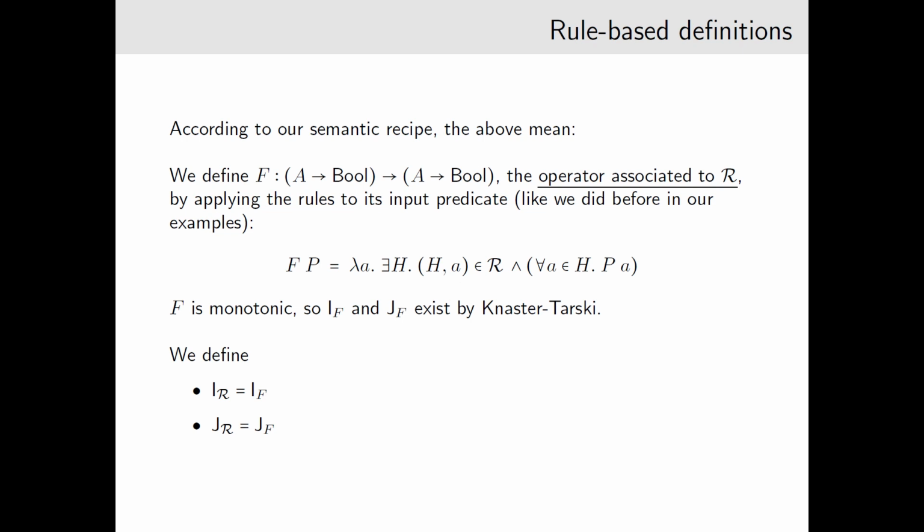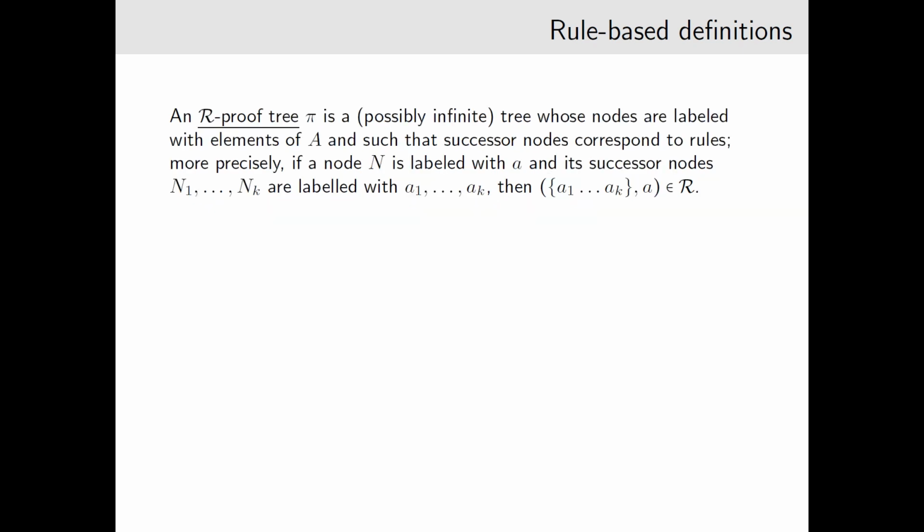Unlike in the Knaster-Tarski theorem, we have a notion of a rule, and when we have a notion of a rule, we have a notion of a proof tree, right? So we define the data type of proof trees as, well, what's a proof tree? It is a tree whose nodes are labeled with the elements of the set, and such that the successor nodes correspond to the rules.